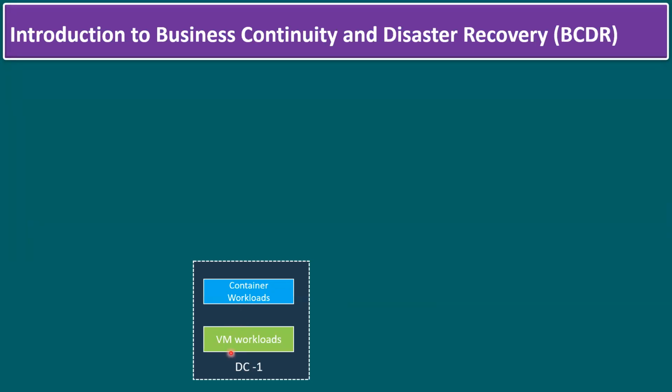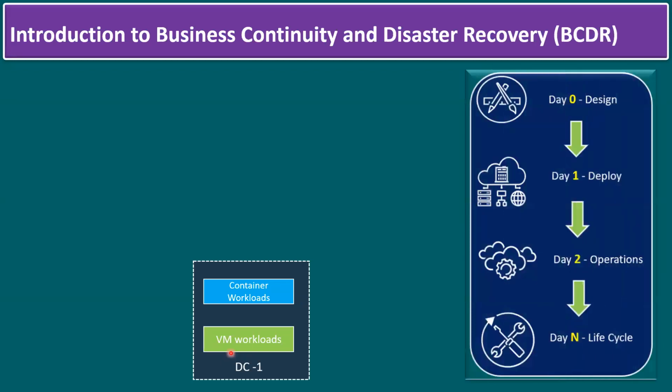And to start these data center projects or infrastructure, either on premises, at edge locations, or cloud locations, the most common key points are: on day zero, we focus on solution design; on day one, we plan the deployment, or we call it implementation; day two is regular daily operations; and day n is nothing but the life cycle, which includes the updates and upgrades.